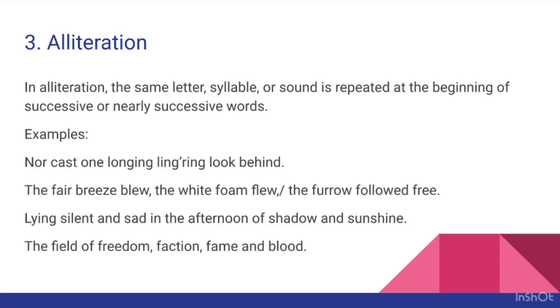So two or three things are to be noted here: either it will be a letter or syllable or sound, and this will be placed at the beginning of words, and the words might be successive or nearly successive. Now let's move on to the examples.